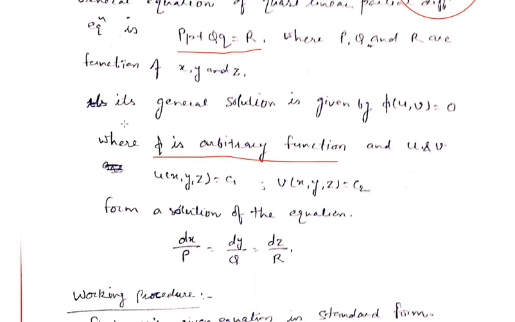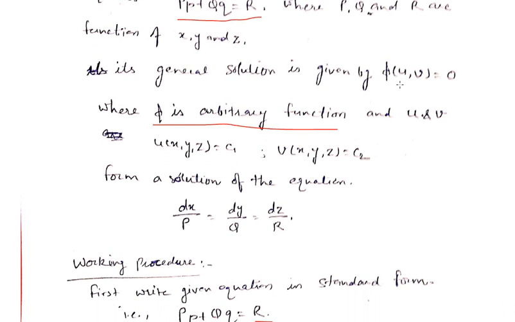Now suppose its general solution is given by phi(u, v) equals 0, where phi is some arbitrary function and u and v are some functions of the variables x, y and z. As we know, by eliminating this phi we can derive this partial differential equation.